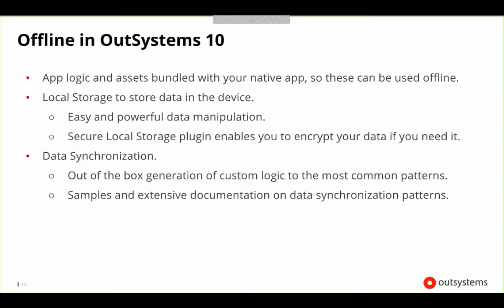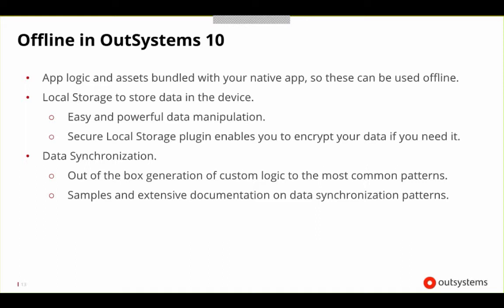When in OutSystems 10 you build a mobile application, all the application itself, all the stuff that you build from it, the screens, the logic, everything, is already bundled in the native app. And so the application can start and work offline.